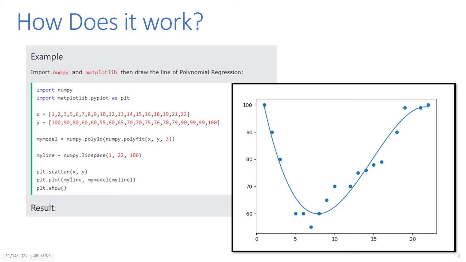So plt.scatter(x, y), so this is the scatter diagram, and then plt.plot(myline, mymodel(myline)), that's the x-axis, and my model of my line, that's now the y-axis, and then plt.show, so we'll show the diagram. So this will be explained again in the next slides.